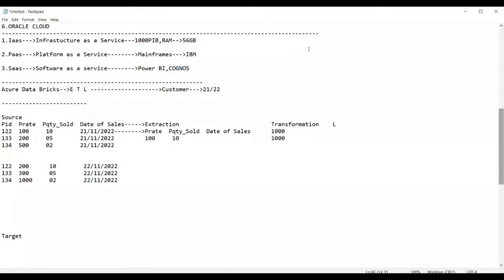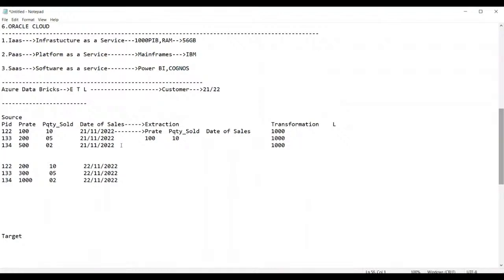Now, guys, see here. We were discussing the calculations. 100 into 10 is 1000. 200 into 5 is 1000. 500 into 2 is 1000. Calculate the sum here.